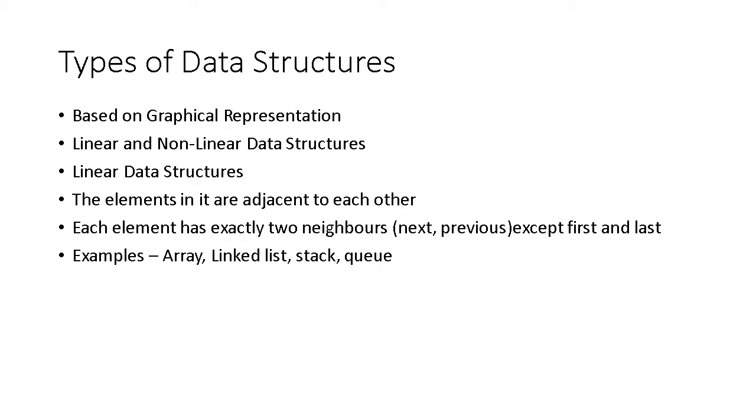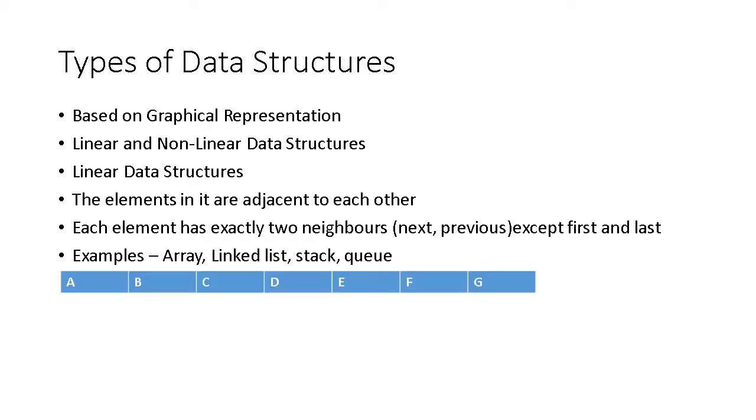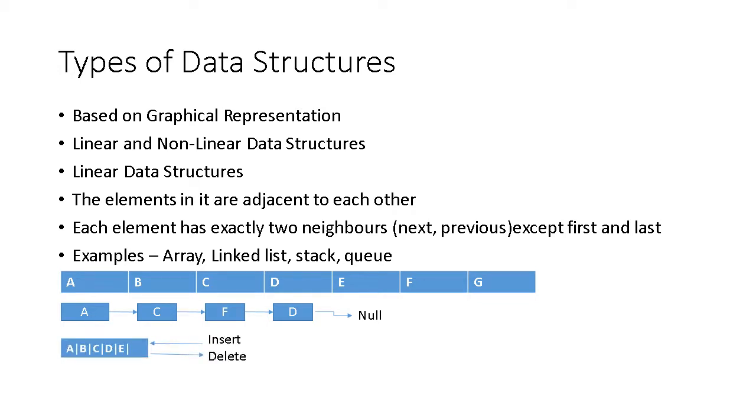Examples are array, as we know, a collection of same data type stored at the same level; linked list, where the nodes are collected in one set and dynamically linked to each other; stack and queues. These we say are linear data structures.